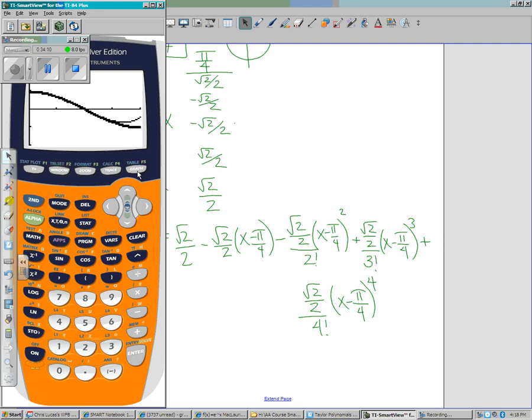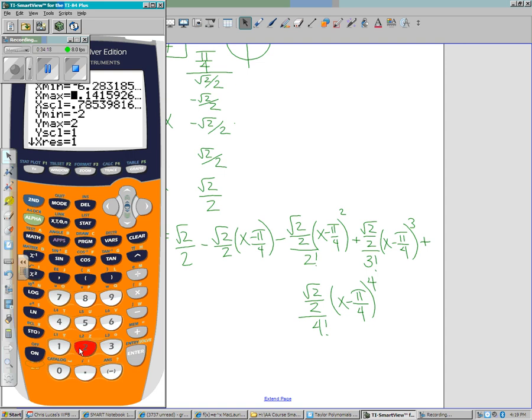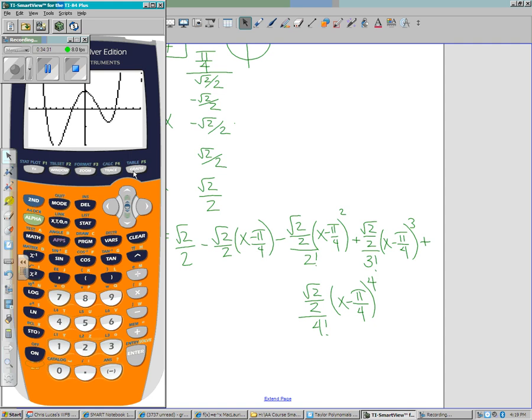I'm going to zoom out a little bit. I want to go from negative 2 pi to 2 pi. There's my cosine curve. Oh, no, there's my polynomial. That's a 4th degree polynomial. That's what it looks like over a larger domain. And here comes the cosine curve.